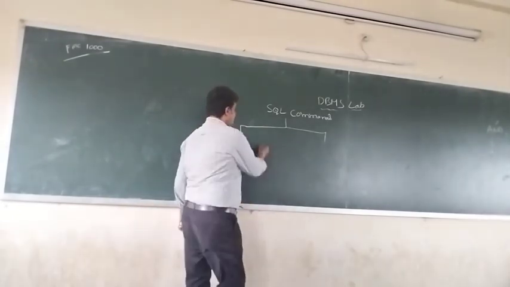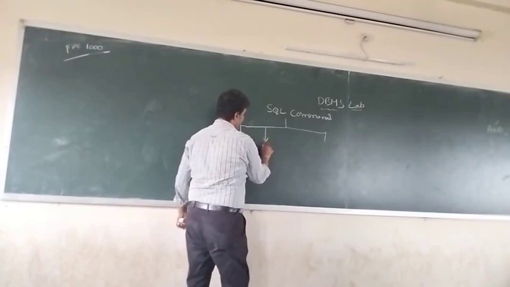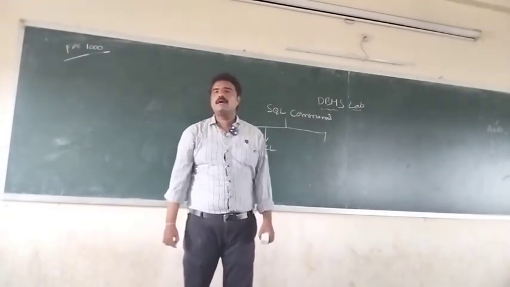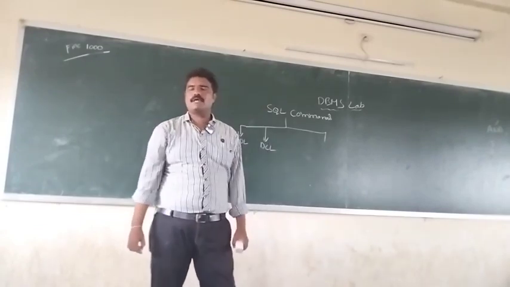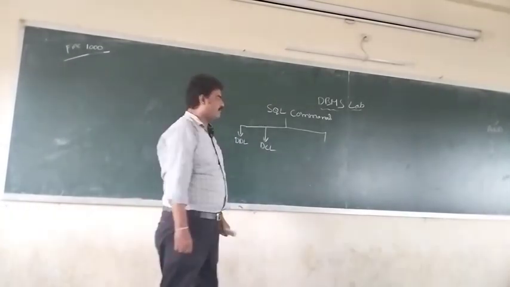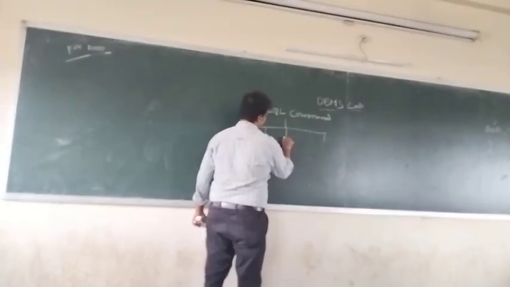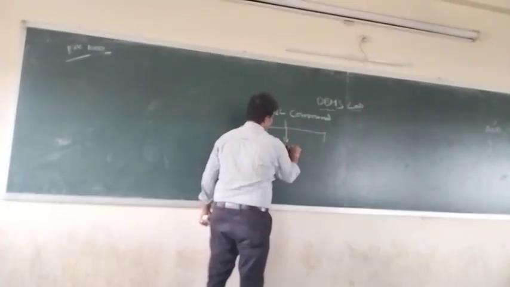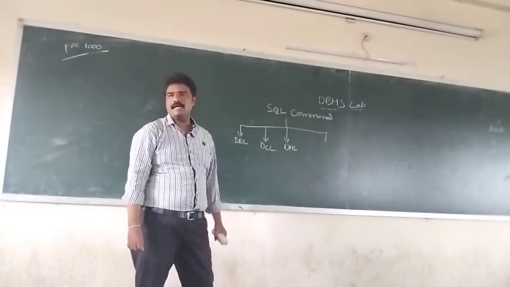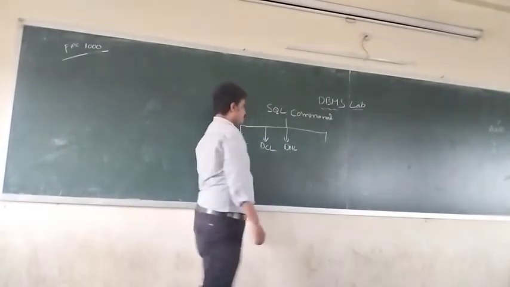Then after DDL we will have DCL. What is the meaning of this? Data control language. Please note this down, everyone. Next one we have is DML, data manipulation language.